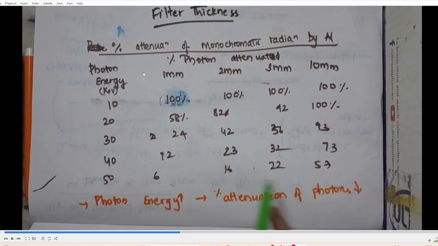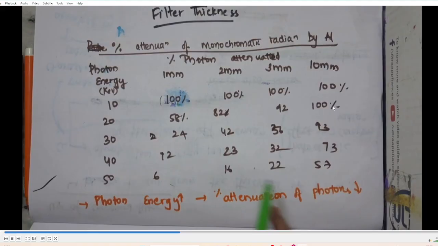The overall effect of this chart is that at 10 millimeters, the overall attenuation of the beam occurs primarily by absorption of high energy photons, because all low energy photons have already been absorbed by the thinner filters.